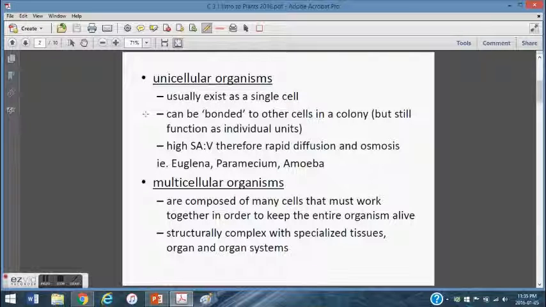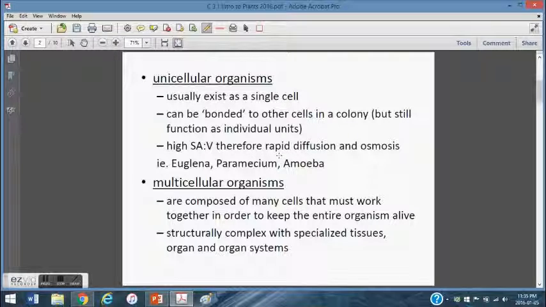They have a very high surface area to volume ratio, which means there's rapid diffusion and osmosis, which means the oxygen, the nutrients, the water, whatever is needed by the cell gets to it very quickly. Waste gets out very quickly. Okay?